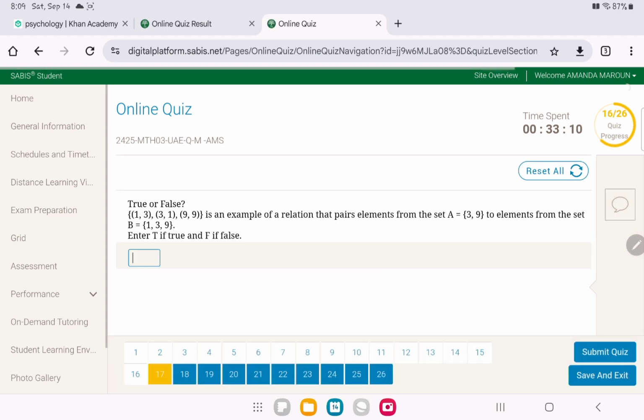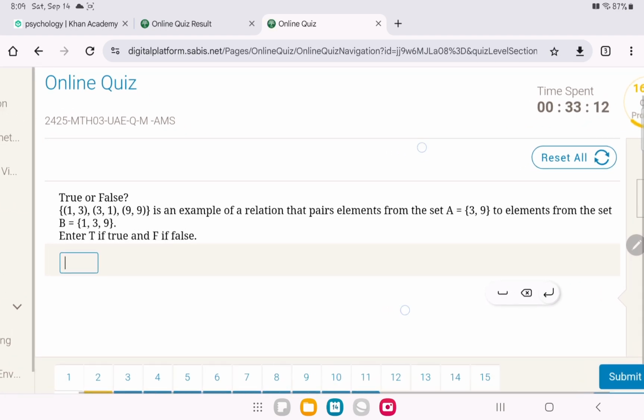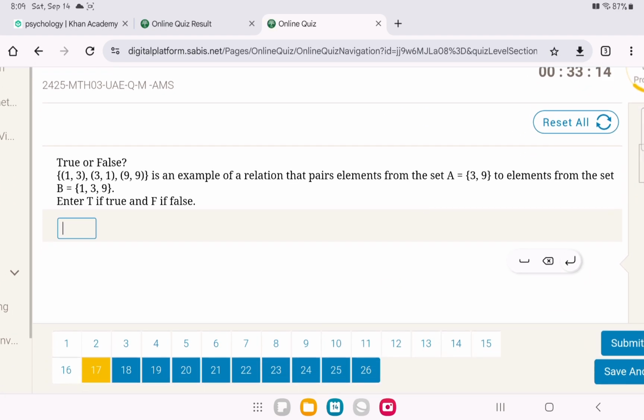Question number 17. This is an example of a relation that pairs elements from the set A to elements from the set B. So, in set A, which is our x, and set B, which is our y. Set A, we have only what? 3 and 9.